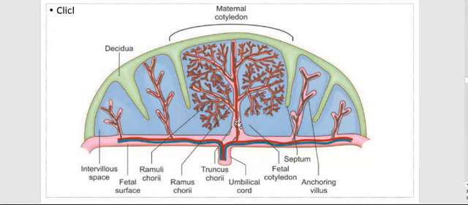It has a truncus chorii, then a ramus chorii, then these smaller branches called ramuli chorii, and then these are the floating villi. This is just to increase the surface area or the contact with the maternal blood. They are just floating and swimming in the maternal blood, but the fetal blood is secured in these villi.